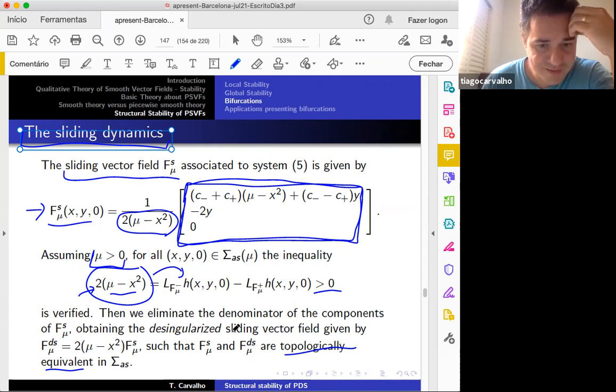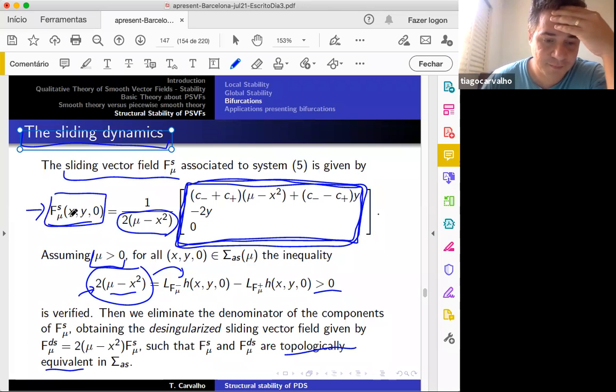The singularized sliding vector field is topologically equivalent to this one.